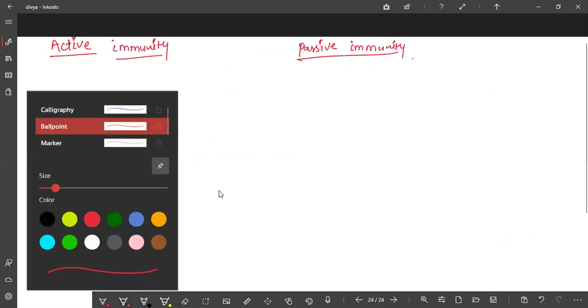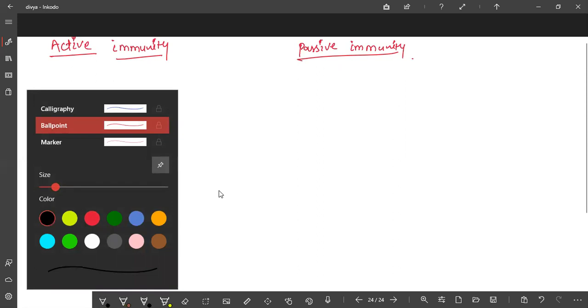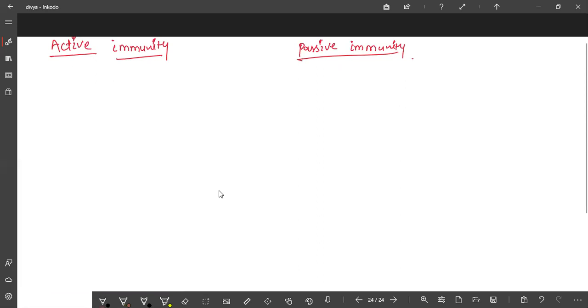Next one is the formation of antibody. In active immunity, formation of antibody takes place in our body, so it will be somewhat slow. But in passive immunity, prepared antibodies come from outside, so it will be fast. Is it clear to you?